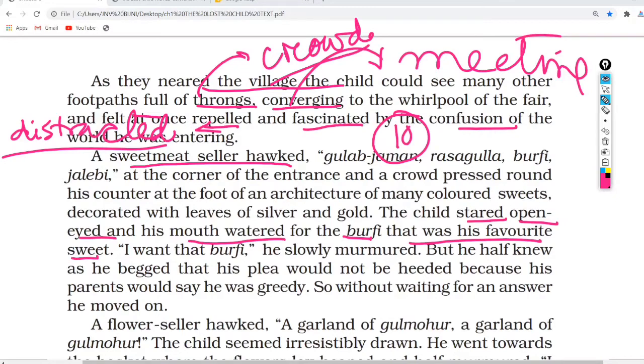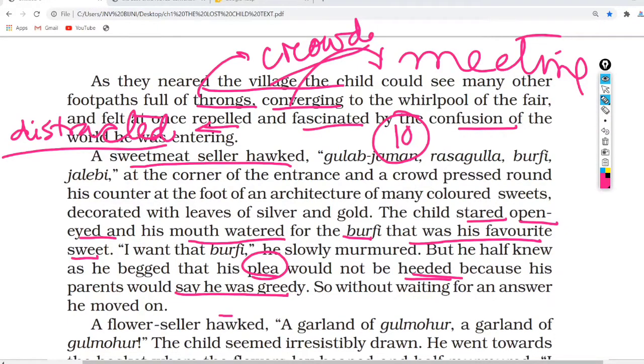I wanted that barfi, he slowly murmured, but he half knew as he begged that his plea would not be heeded because his parents would say he was greedy. So without waiting for any answer, he moved on.